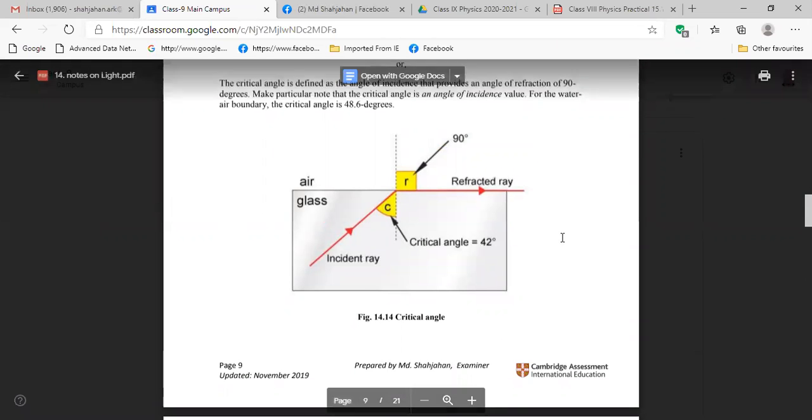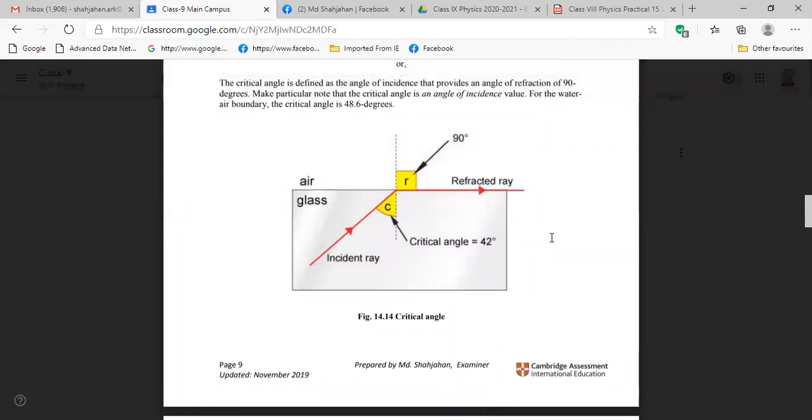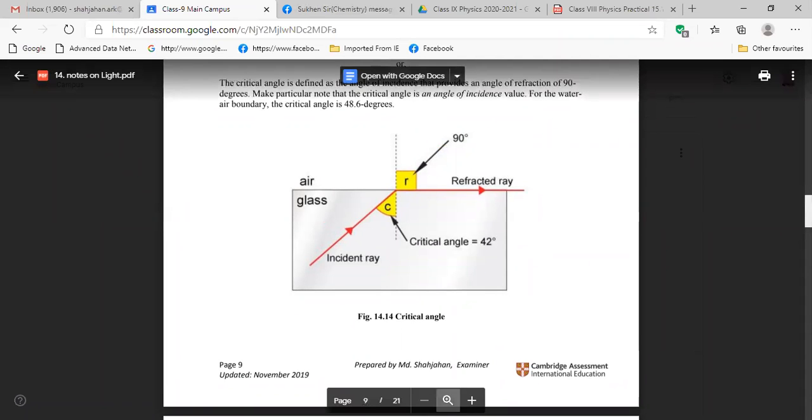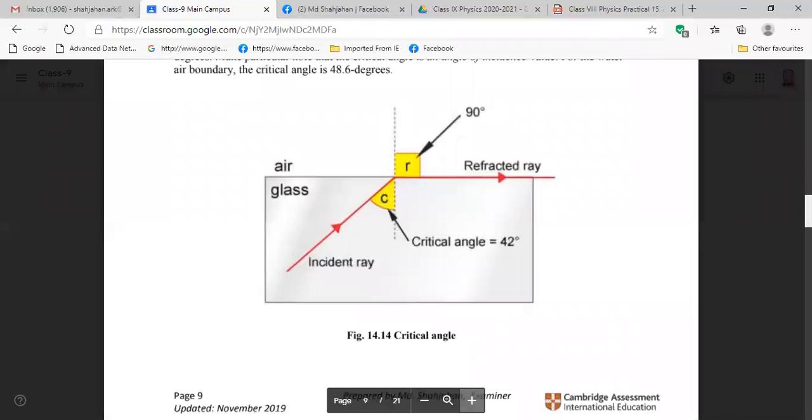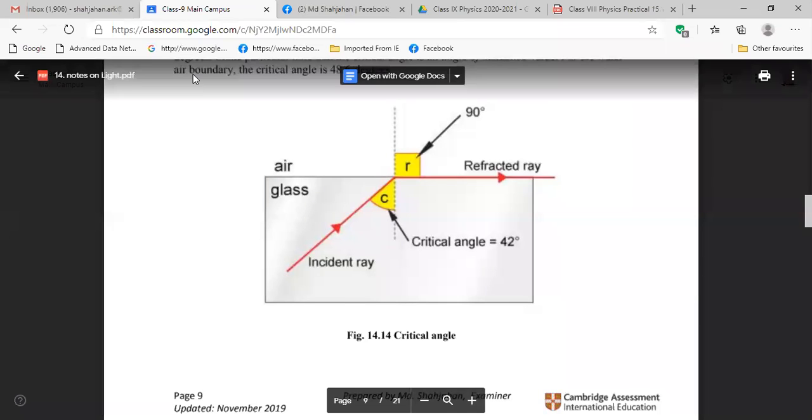Can you see the diagram? Everyone? Yes, sir. Okay, look. Here, the light rays are going from where to where? Glass to air. If it is from glass to air, then what happens?